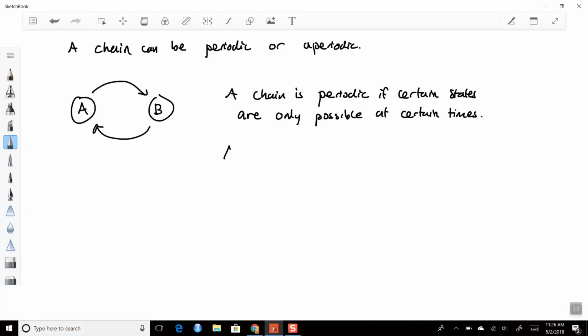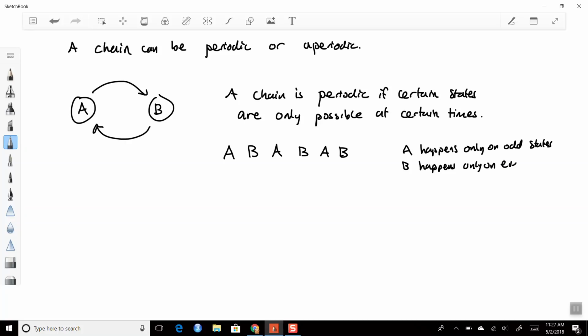Okay, so if we start at A, then it goes A, B, A, B, A, B. You know, A happens only on the odd states, and B happens only on the even states. Okay, something like that. So this would be periodic, right?